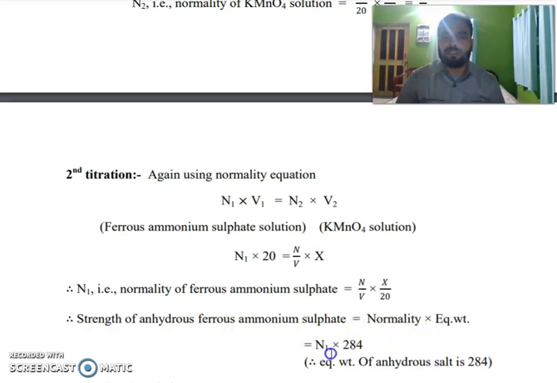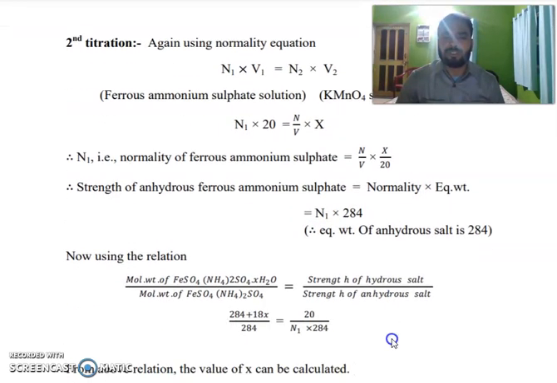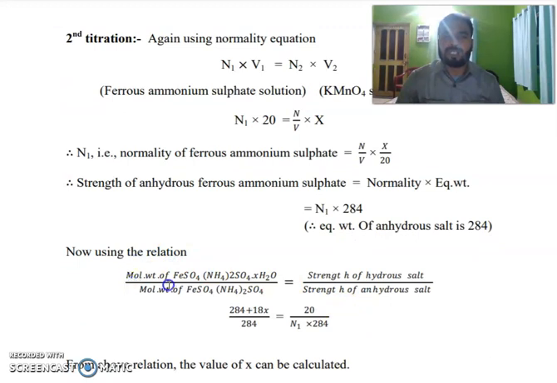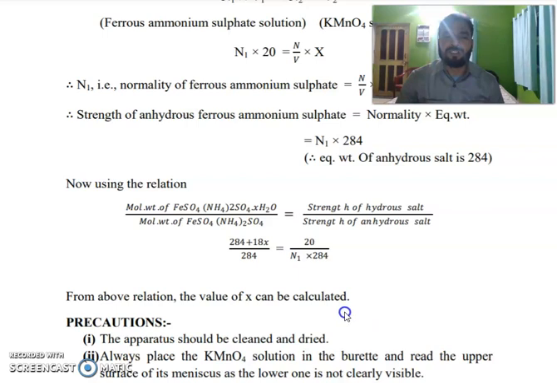So N1 into 280, because the equivalent weight of anhydrous salt is 284. Then using the relation between the molecular weight of hydrated ferrous ammonium sulfate and strength, and the molecular weight of ferrous sulfate and strength of anhydrous salt. So hydrous salt and anhydrous salt. So these are the mathematical formulations. From the above relation, the value of X can be calculated.